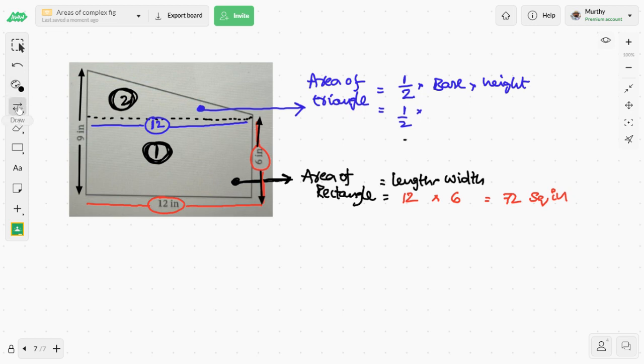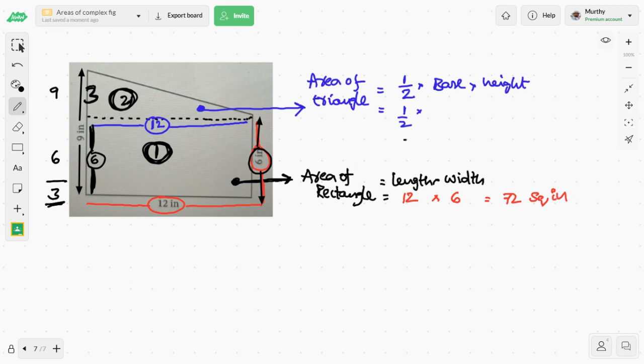Therefore, you can sense that this is 6 units. So this is also going to be 6, because in a rectangle, opposite sides are equal. Therefore, what is the remaining value? From 9, take away 6, then you'll get 3 units. Therefore, this is going to be 3 units.